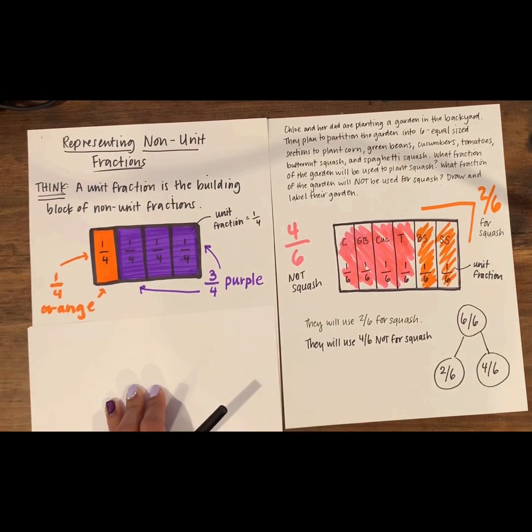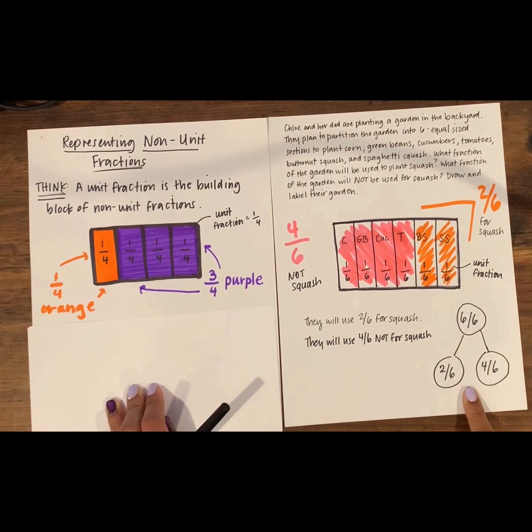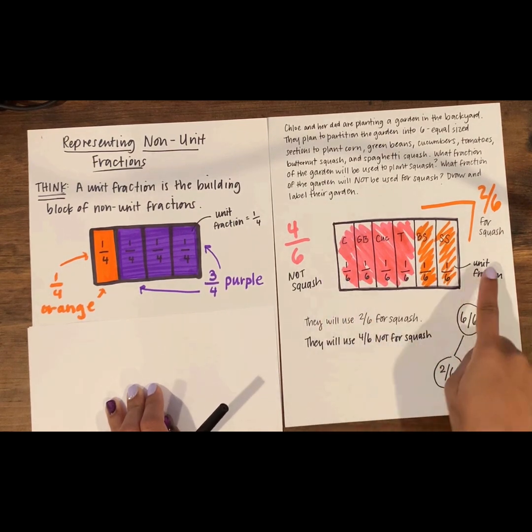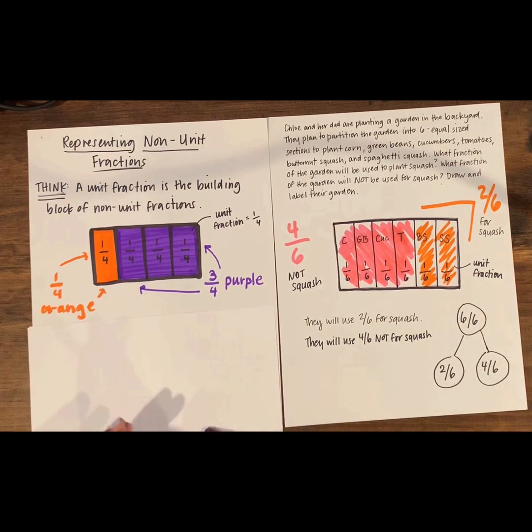Last year, scholars represented this situation with a number bond that looks like this. How does this number bond represent the situation? Say your answers out loud. That's right.